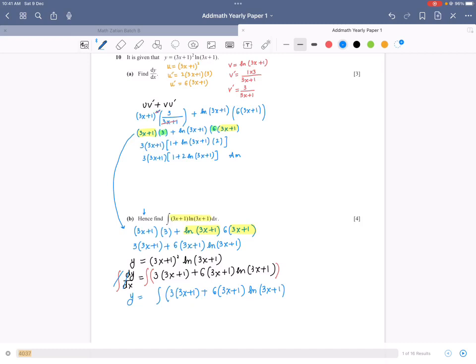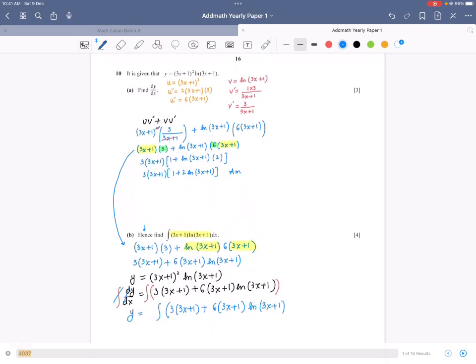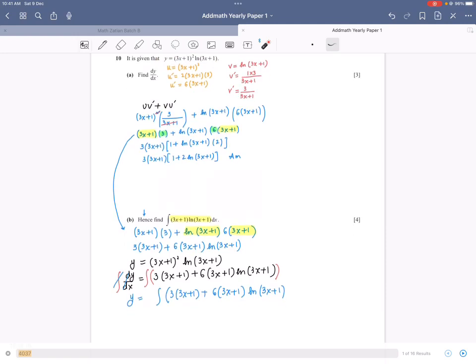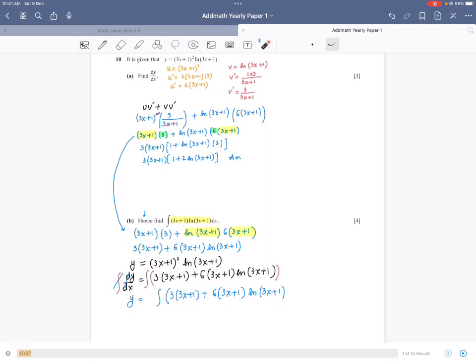That is a reverse approach. And what is y? y is given in the question, it's 3x plus 1 whole square ln of 3x plus 1. I am placing the value for y here.